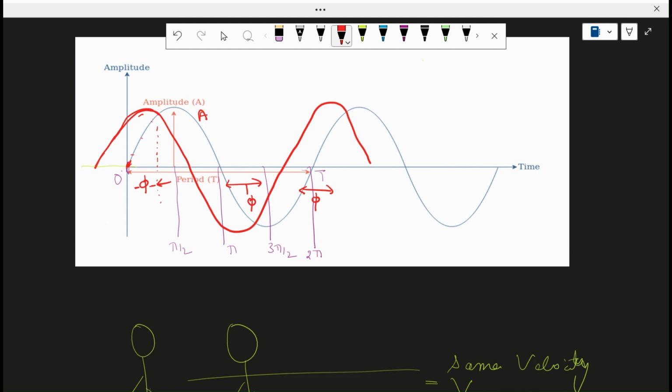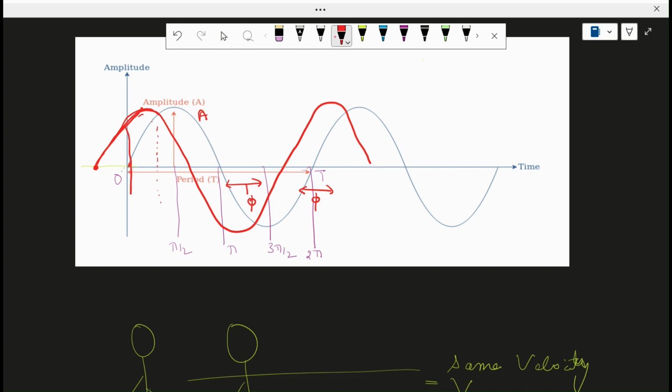So now the wave which was moving later is not moving later, but is moving prior to the basic wave. This means that the basic wave will lag this particular wave which has already moved this much. So here we can see, let me move this.